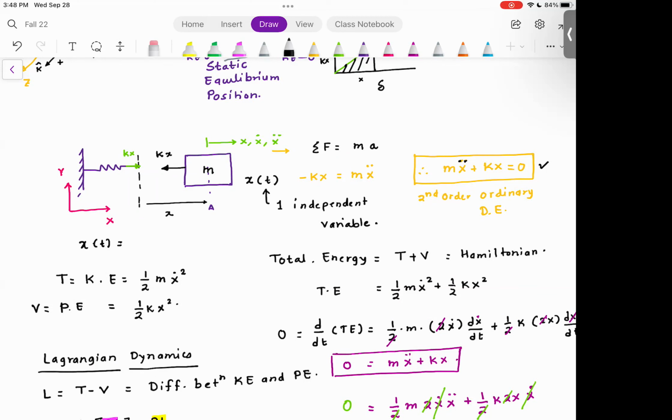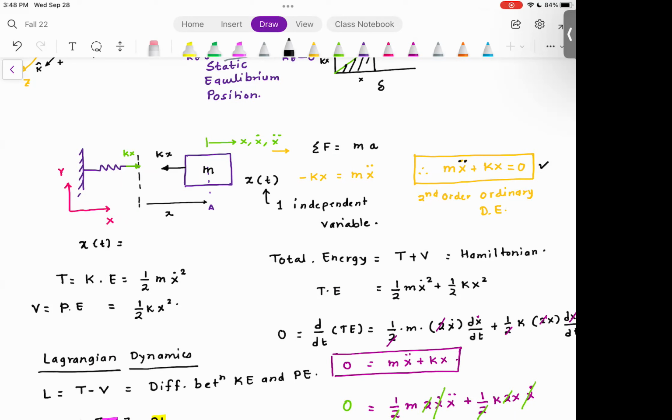Next part is finding the potential energy. If there is a spring, the potential energy is K multiplied by displacement square. Remember, displacement is nothing but Px, Py, Pz. If it's some mass located at some height, remember m times g times h.